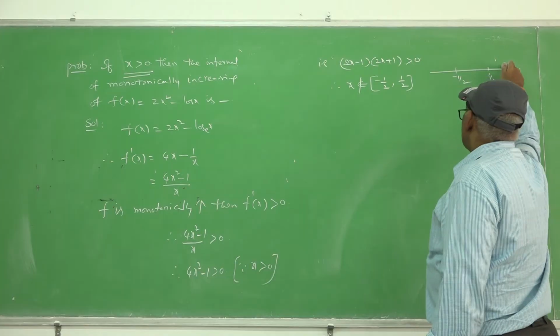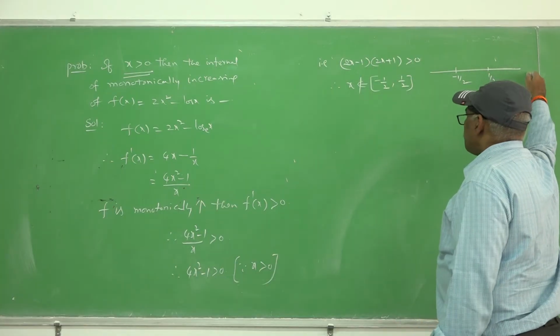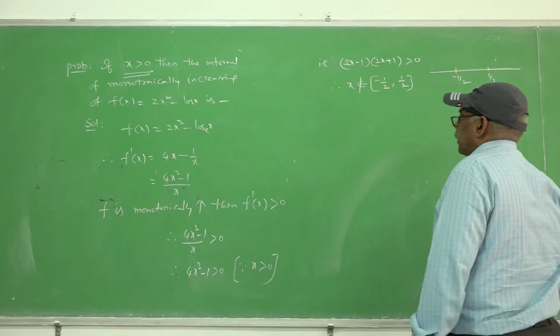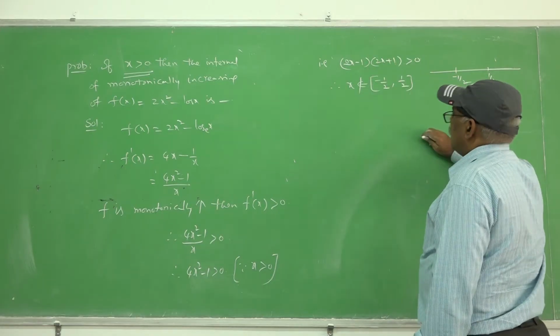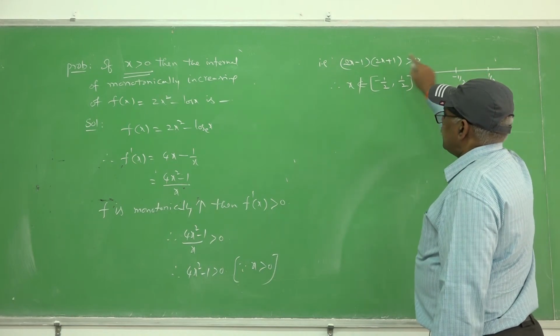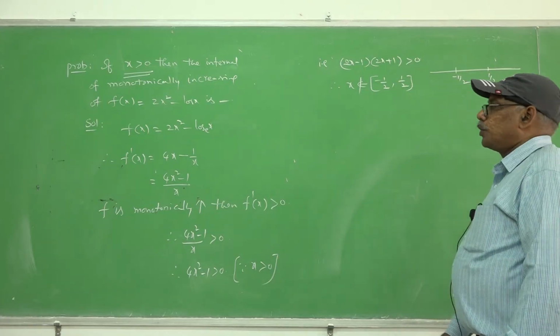Because in this interval, both the factors are positive, positive into positive. In this interval, both the values are negative, negative into negative, positive. So, if x lies in between minus 1 by 2 and 1 by 2, it gives us negative. But here we need positive values.